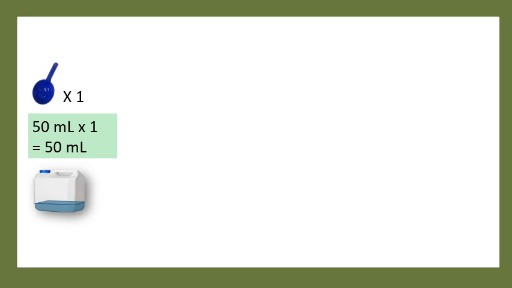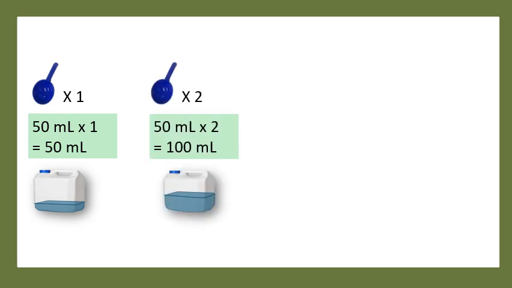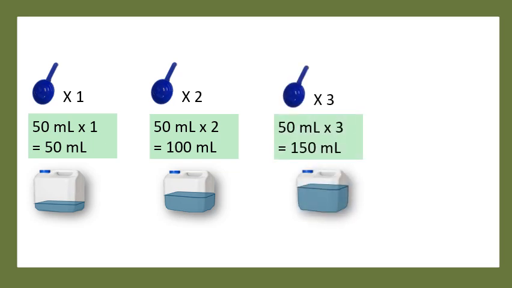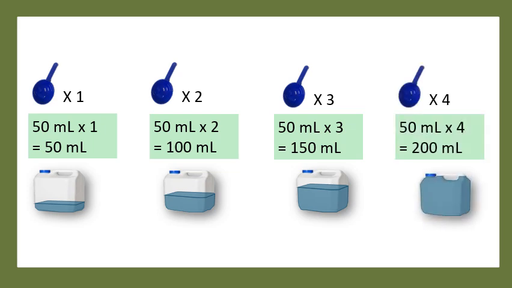Let's see what happens. 1 scoop of 50 milliliters. 50 times 1 equals 50 milliliters. 2 scoops of 50 milliliters. 50 times 2 equals 100 milliliters. 3 scoops of 50 milliliters. 50 times 3 equals 150 milliliters. 4 scoops of 50 milliliters. 50 times 4 equals 200 milliliters.